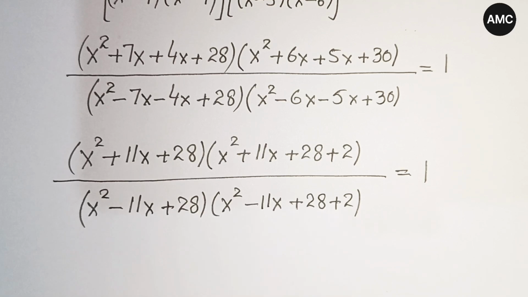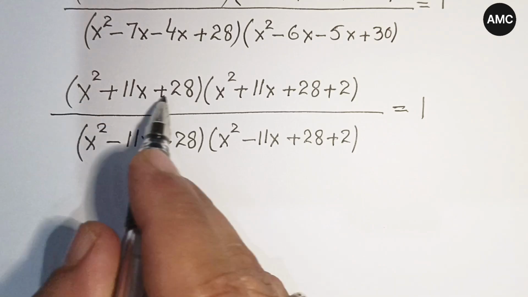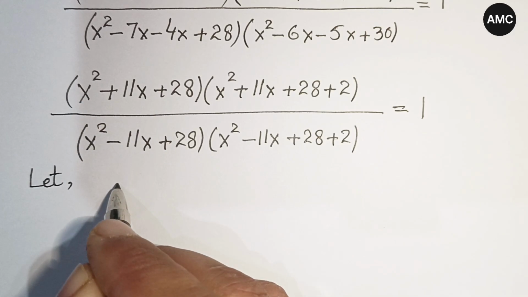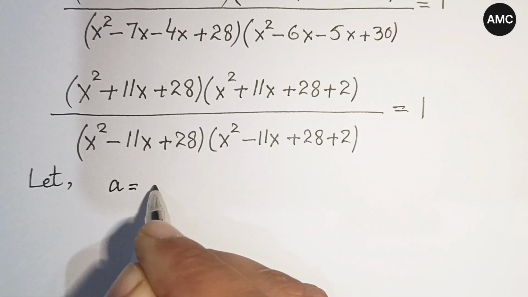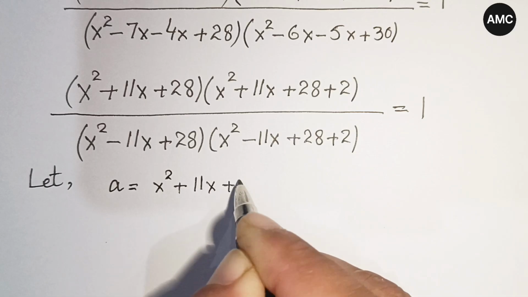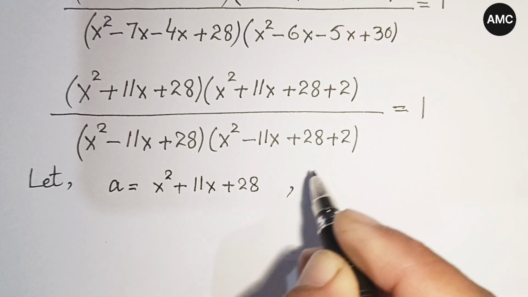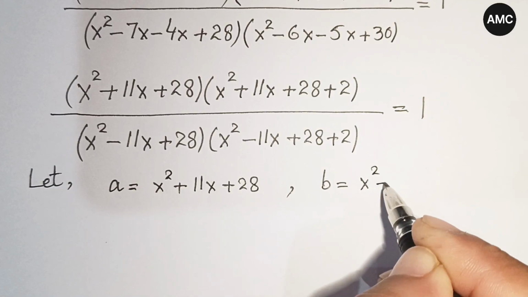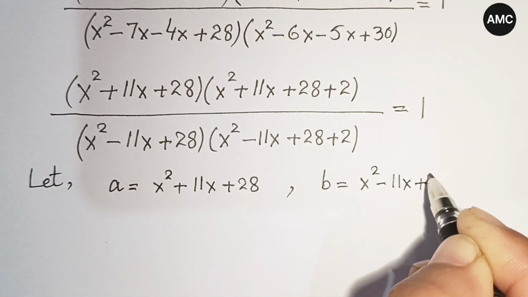So let us suppose that this one is equal to a, that is, a is equal to x squared plus 11x plus 28 and b is equal to this one, x squared minus 11x plus 28.